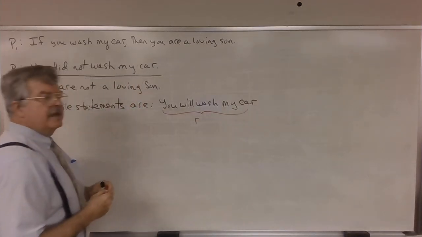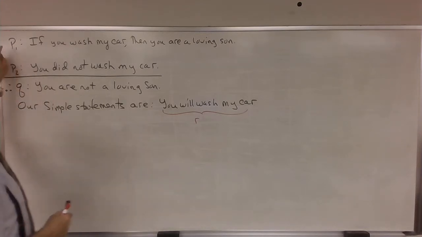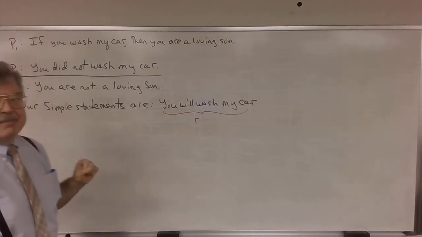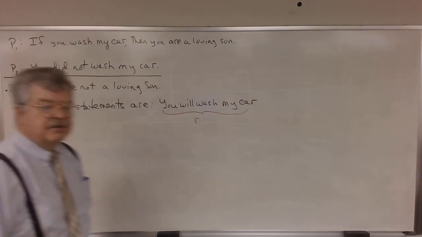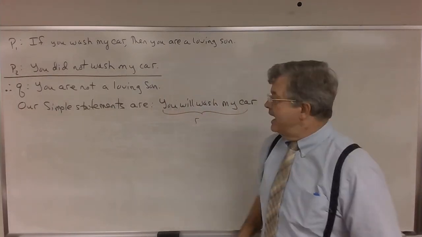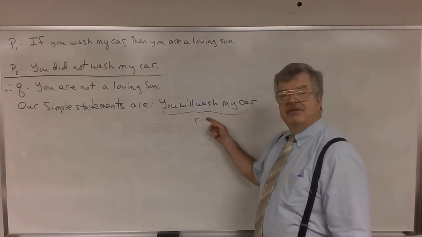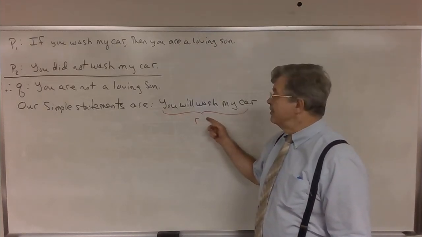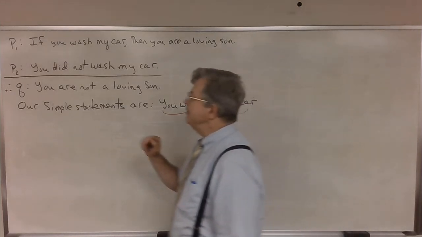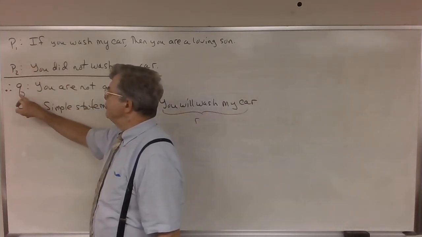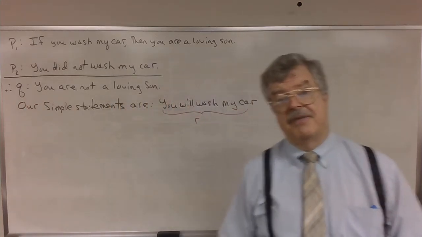R. And by the way, when I do these arguments and I call P1 and P2 my premises, and Q my conclusion, I avoid calling the simple statements that make up the argument P and Q, because I'm already using P1, P2, and Q for my premises and conclusions.